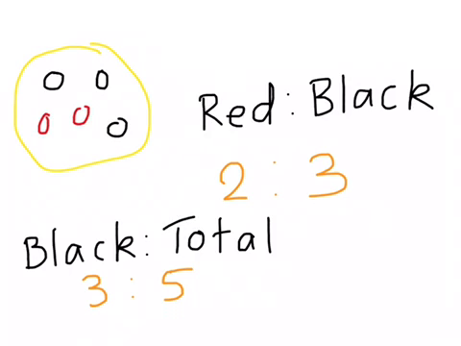Alright, so let's look at how we simplify ratios. Simplifying ratios is very similar to simplifying fractions. For example, if I have 2 to 4, and I'm writing this in simplest form, I need to look at my highest common factor. What is the largest number that 2 and 4 can be divided by?